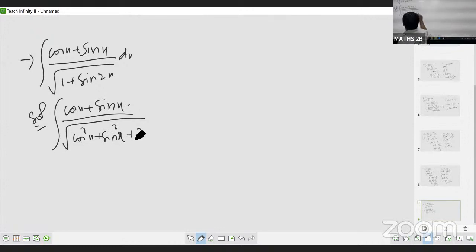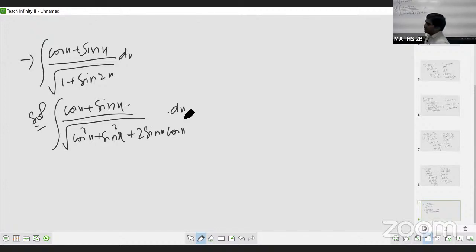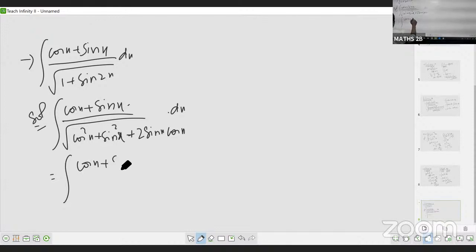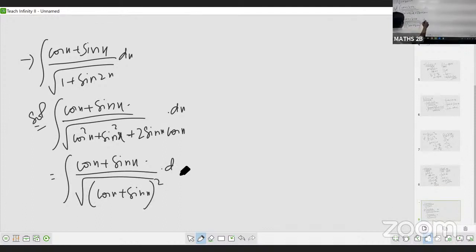Sin 2x, you write it as 2 sin x cos x dx. This is important. Cos x plus sin x by under root of cos x plus sin x whole square dx.